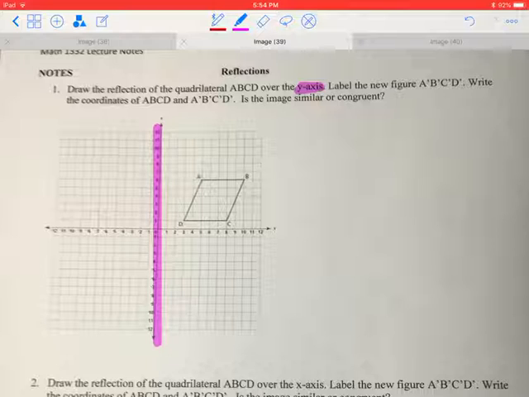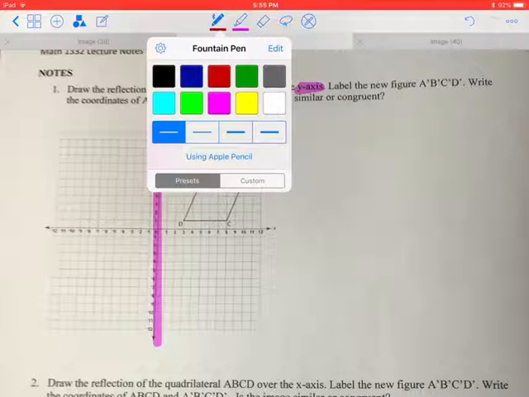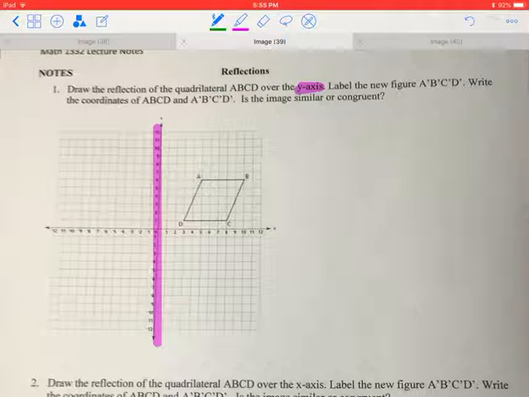All right, so what I want to do is think about this point D. Now, if I look at this line right here, that is perpendicular to my y-axis. It makes a 90-degree angle. So if I count the distance from D to that line, it is 1, 2, 3. So I'm going to go 1, 2, 3 on the other side, and that's going to be my reflected point. So that'll be D prime.